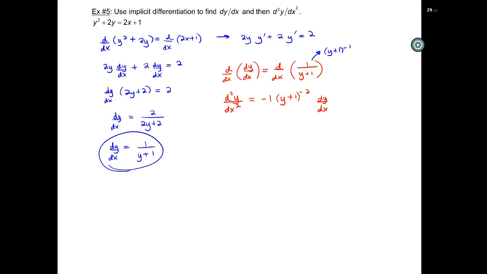Okay, good? Now, I don't want a dy/dx in my answer. What was dy/dx? So here I have negative 1 over y plus 1 squared times 1 over y plus 1.